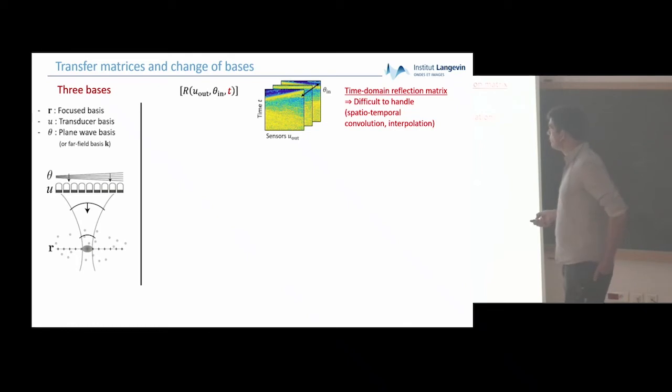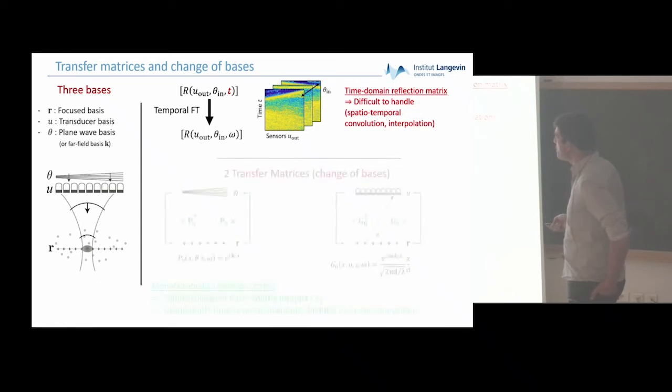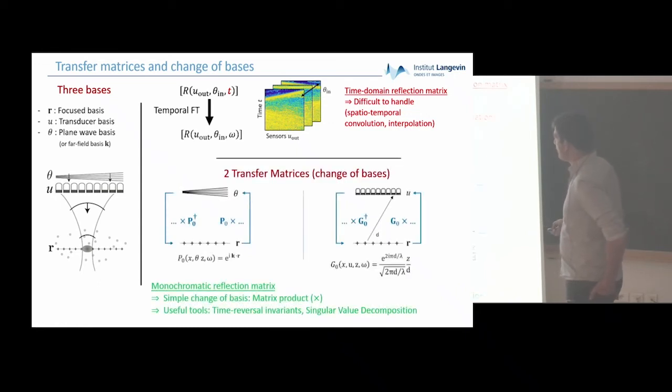You can jump from one basis to another by a simple matrix operation. So first a Fourier transform, then apply some transfer matrix on each side of the reflection matrix. It can be the transfer matrix between the plane wave basis and the focus basis, and then it's only a Fourier transform.